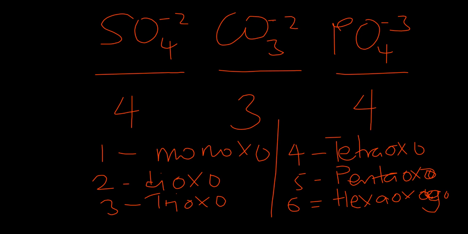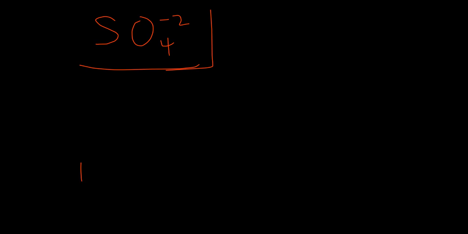So now let's quickly take one of the oxo-anions. We'll take SO4 minus 2. Let's look at the steps. The first step involved in naming this compound has to do with the number of oxygens in the compound. So we first name the number of oxygens.